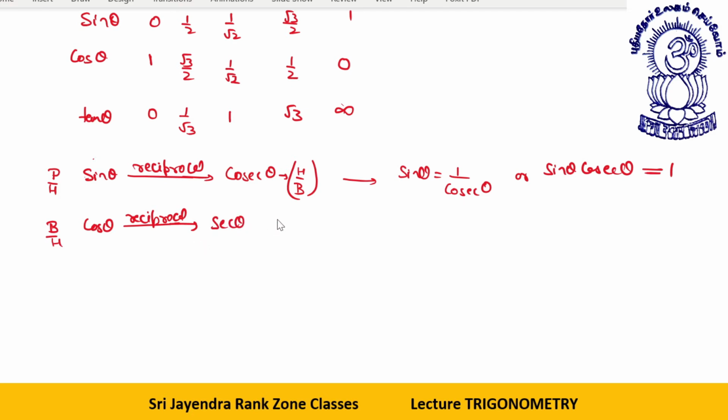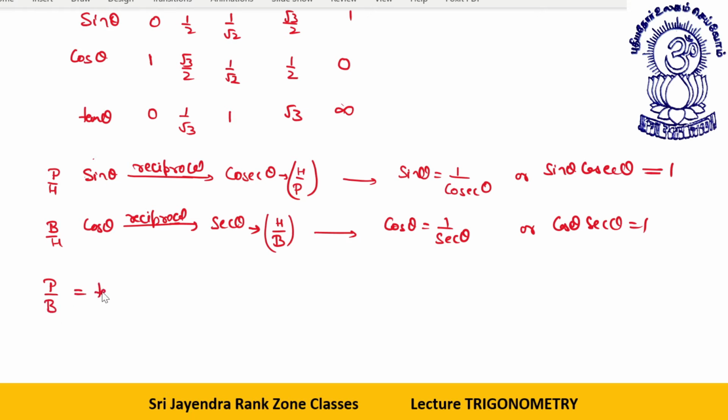That will be what? H by B. It's my fault, I wrote H by B, it will be H by P over here. Okay. So this is H by B. Now what I can say, cos theta is equal to 1 by sec theta, or sec theta is equal to 1 by cos theta, or cos theta into sec theta is equal to 1. Clear? Fine.